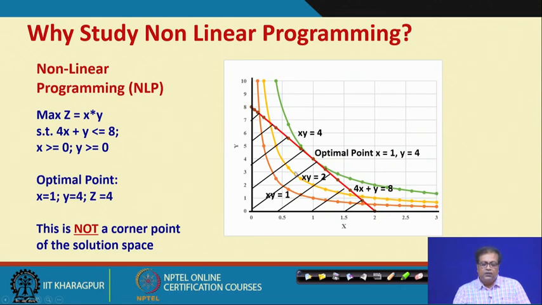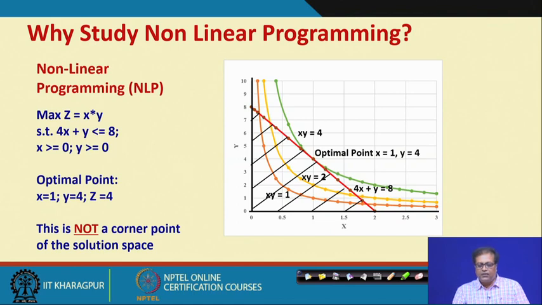If you look, the xy equal to 4 line just touches the line 4x plus y equal to 8 at a point, and that is our optimal point, because if I take any lower value of xy, less than 4, then obviously it will be a lower objective function value, but any higher xy value will not touch the solution space at all.